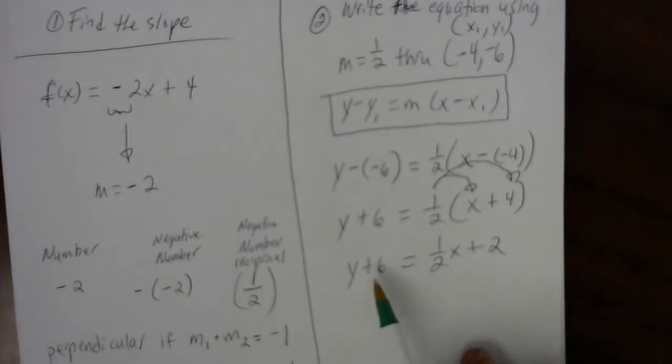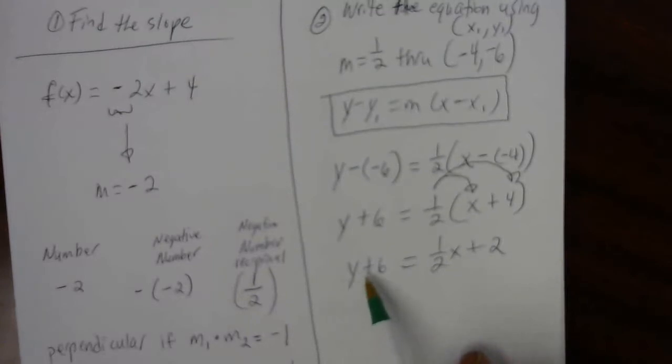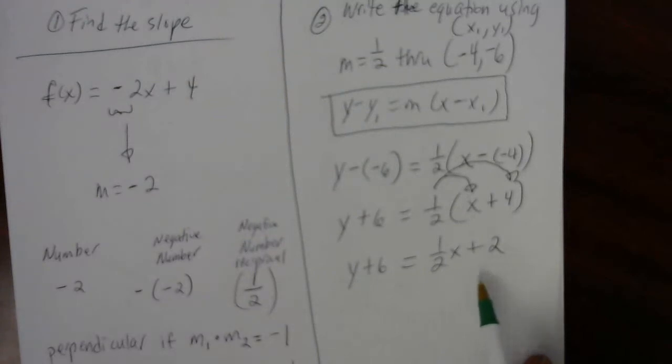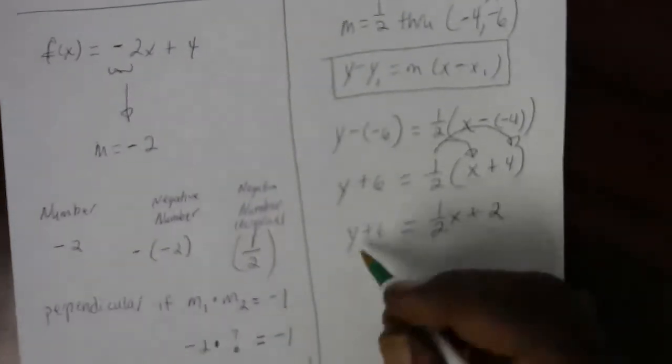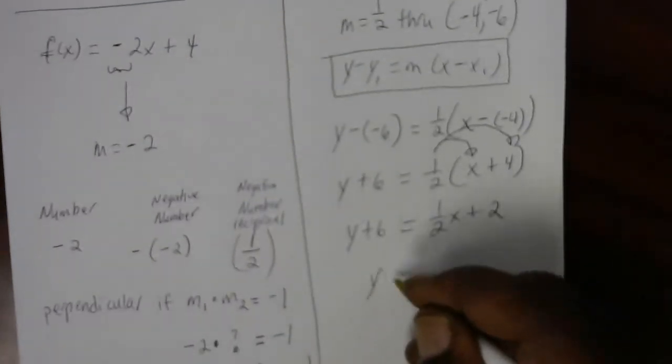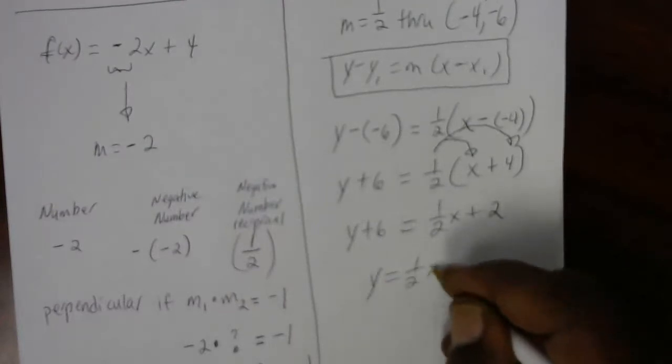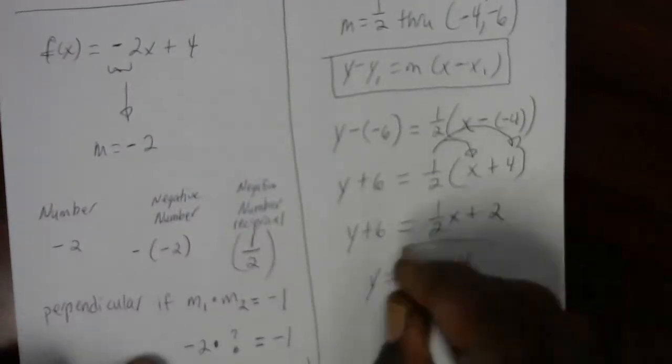Next, we're going to put it in slope-intercept form by solving for y. Right, so we're going to subtract 6 from both sides. Therefore, our equation should be y is equal to 1/2 x minus 4.